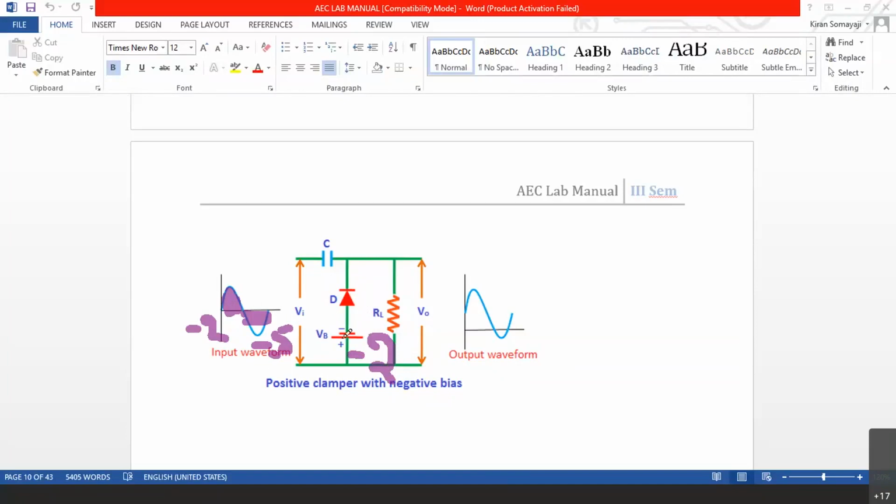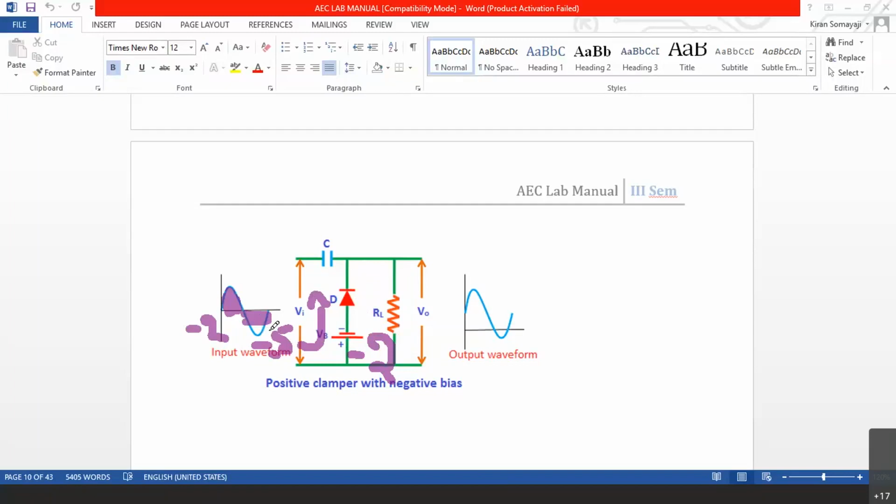Now in the negative cycle, current is flowing in this direction. When this effect of the battery is overcome by the effect of the AC signal, then the diode will conduct. That is, in the negative cycle, the diode will conduct in this unshaded portion from -2 till -5.